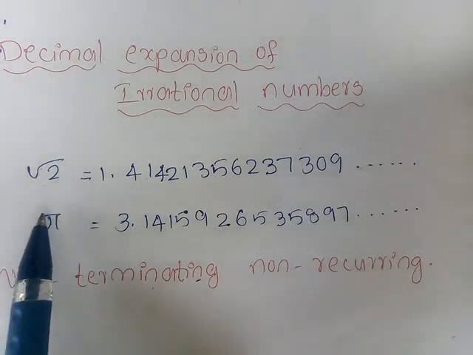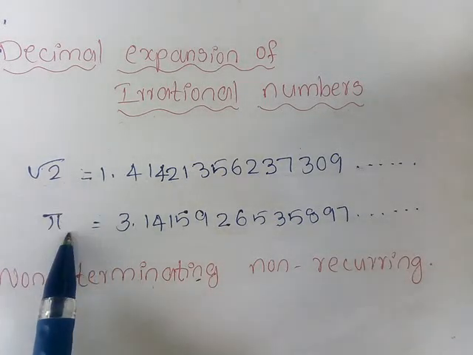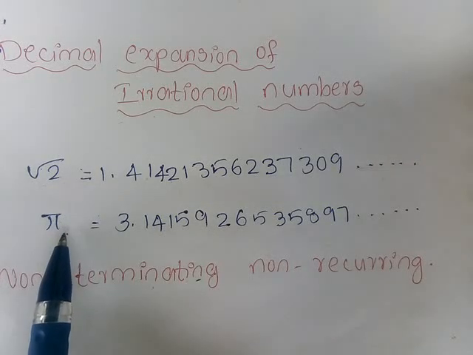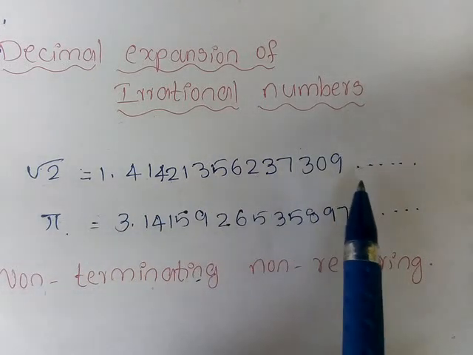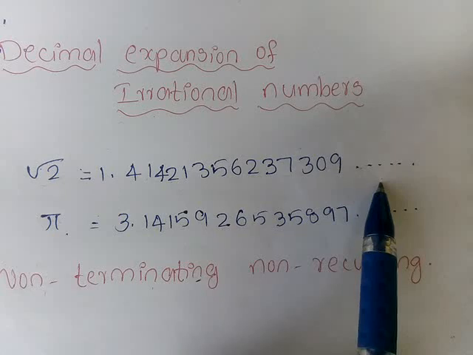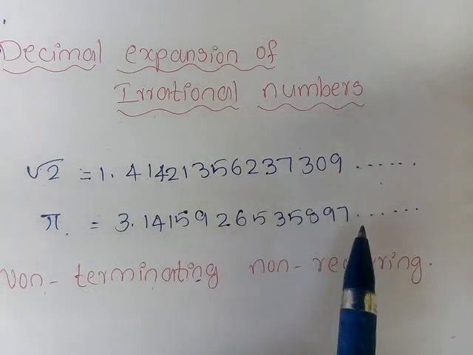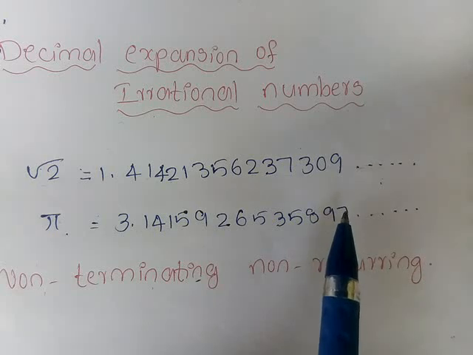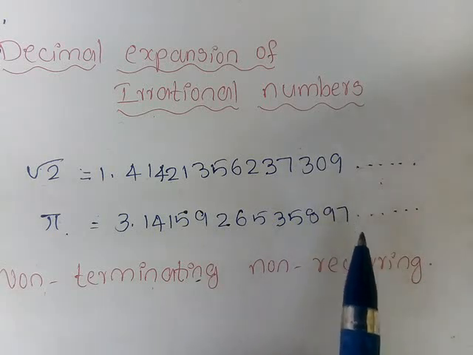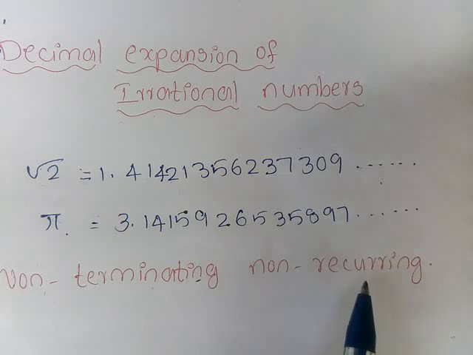Did you notice the decimal expansion of root 2 and pi? Here, the decimal expansion does not terminate or end after a finite number of steps, and we do not have a repeating block of digits in the quotient. Such decimal expansions are called non-terminating, non-recurring decimal expansions.